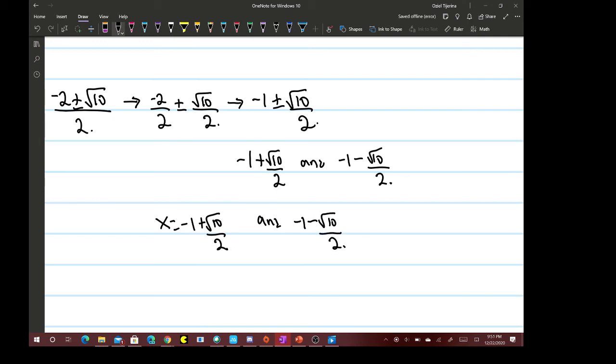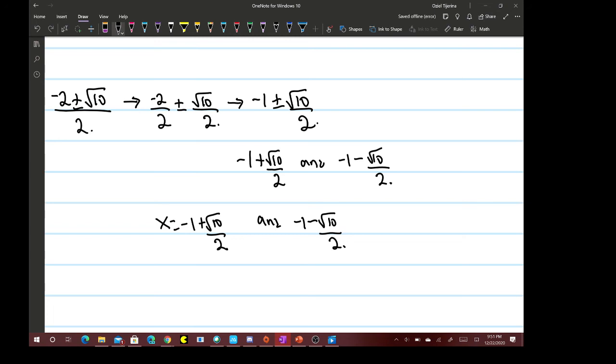And if you want to simplify this, you can do that with a calculator. So if we enter this in our calculator, you have negative 1 plus square root 10 over 2.